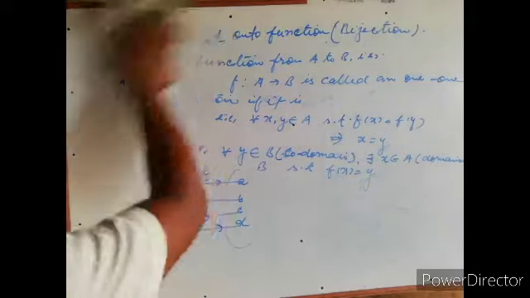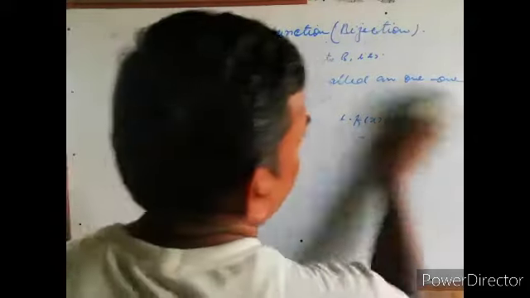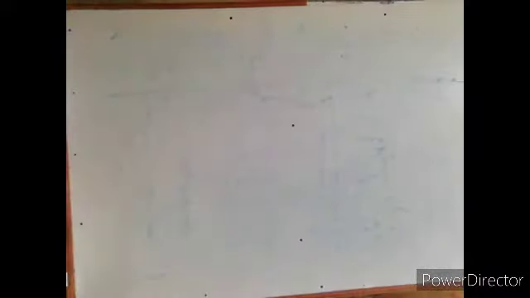Now, let us take an example to show that a given function is one-one and onto.